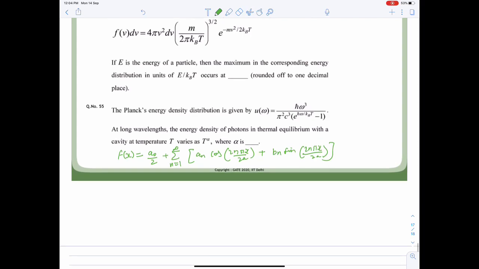For a0 calculation, that is the constant, you can do integral from a to b of f(x) dx.